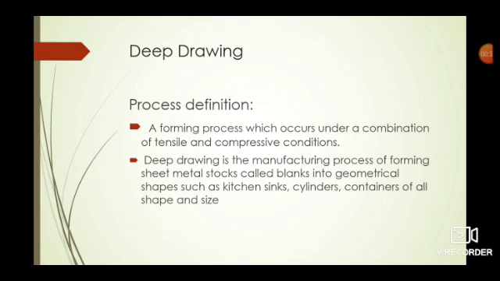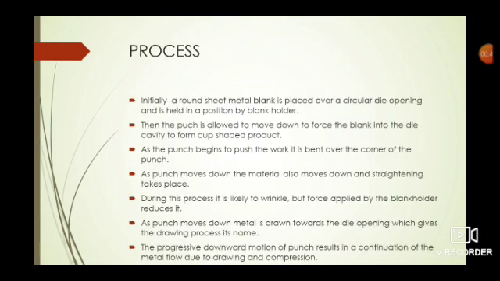Now let's discuss the detailed process of deep drawing. Firstly, a round sheet metal blank is placed in between the blank holder and the circular die opening. Here blank means the workpiece we are using.